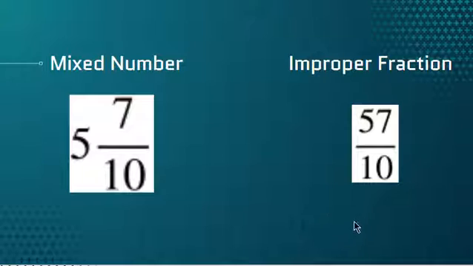Whereas an improper fraction, can you tell what's a little bit funky about this one? That's right, there's a larger number on top than on the bottom. We have a larger numerator and then a smaller denominator. That's what makes it improper, which kind of means that it's just a little top heavy. So these are some important things to know as we're going through our lesson, so please take note of which one is which.